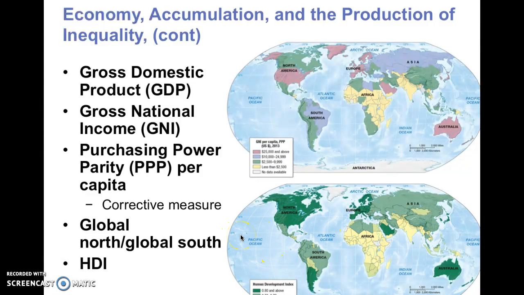The global north and south have to do with wealth distribution and wealth inequality. Now, when we talk about HDI, that's Human Development Index, and the Human Development Index is based on life expectancy, educational attainment, and personal income. And it's a more in-depth look at how regions are impacted than just talking about income.